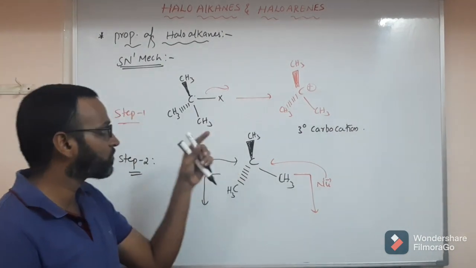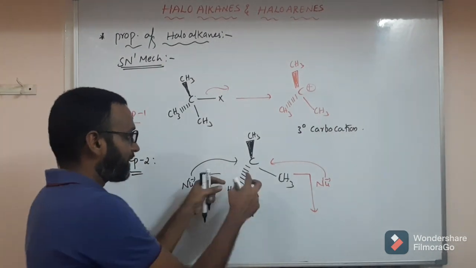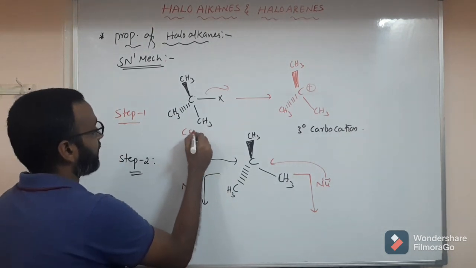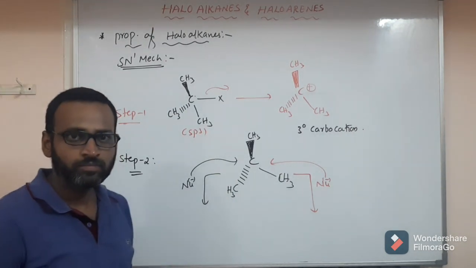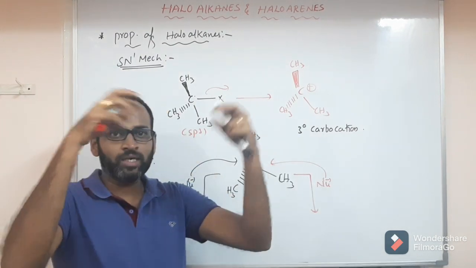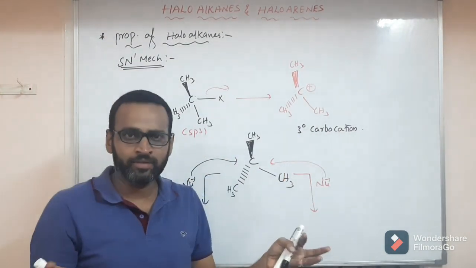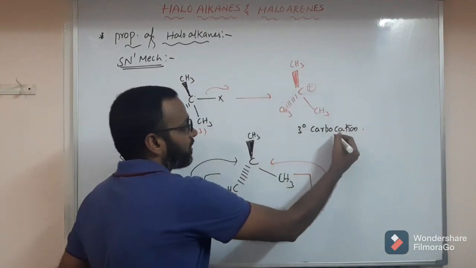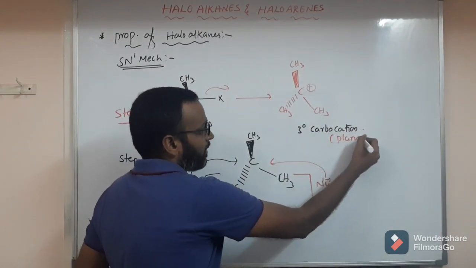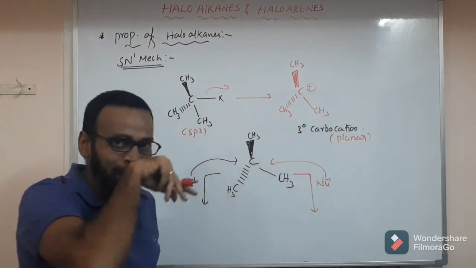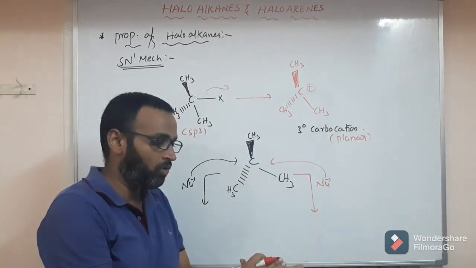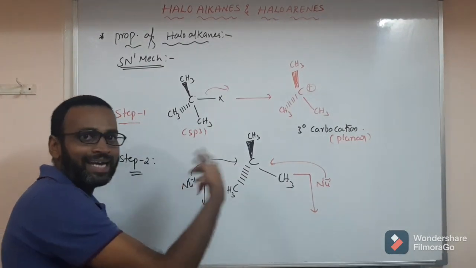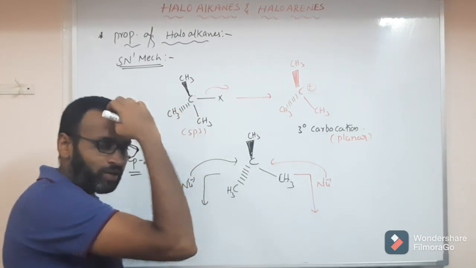Because one bond is removed, and suddenly this becomes planar. Previously this was sp3 hybridized tetrahedral, with all the bonds in a non-planar manner, certainly more repulsions. But now all bonds came into the same plane. When the species becomes planar, repulsions are minimized because all are uniform. So now the nucleophile can approach either from the front side or from the back side.